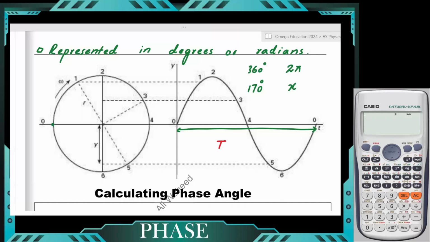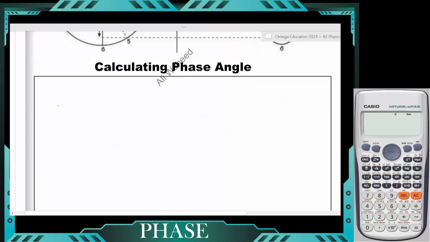So for a full wave for which the time period is capital T, what is the total angle that is being covered? What is the total phase? It is 360 degrees. For the full cycle, for the full wave, we have 360 degrees.